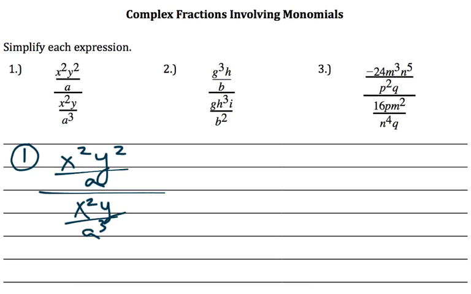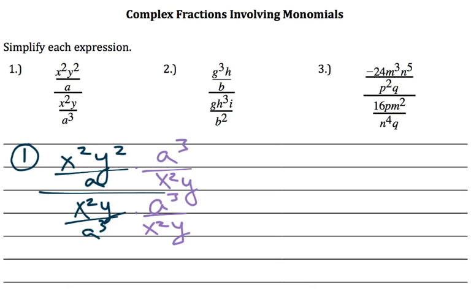So I'm a fan of doing what I did in the last problem. And what I mean is I can multiply this by the reciprocal, a cubed over x squared y. But I can't just change that. I can also multiply the top by a cubed over x squared y.